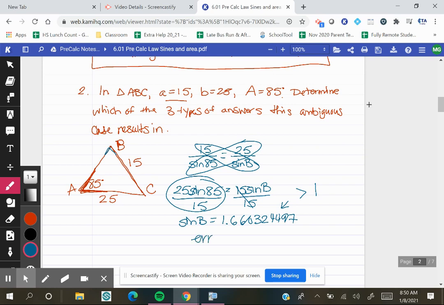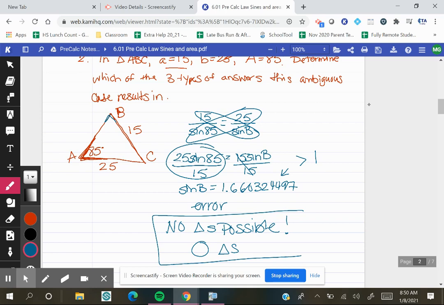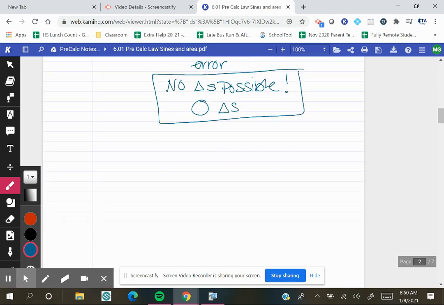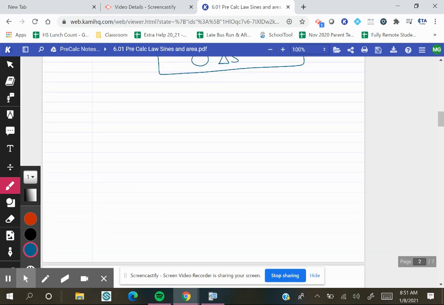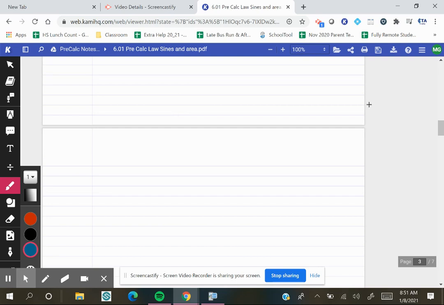So that gives you an error, which means there are no triangles possible. So 0 would be your answer: 0 triangles. That one's pretty quick to do because there are no triangles. The next one is much longer to do.